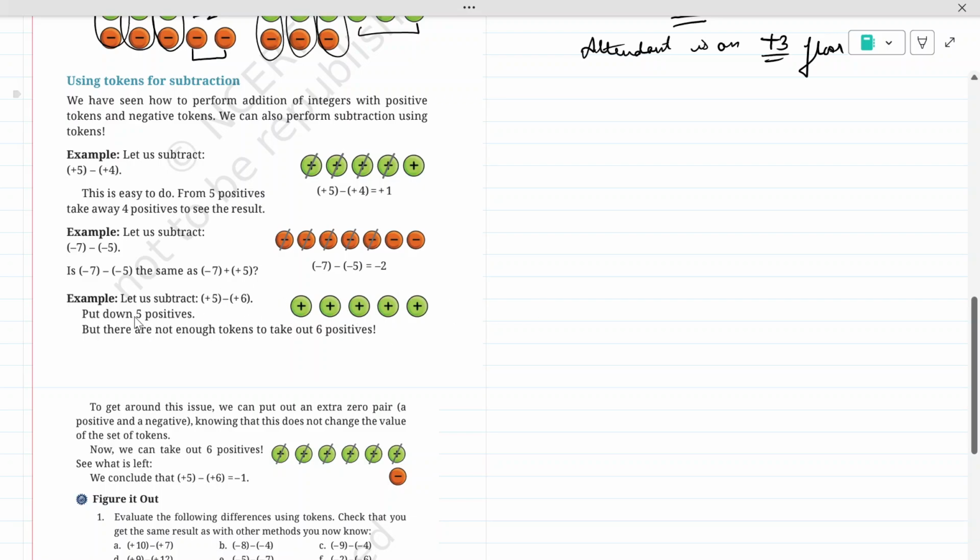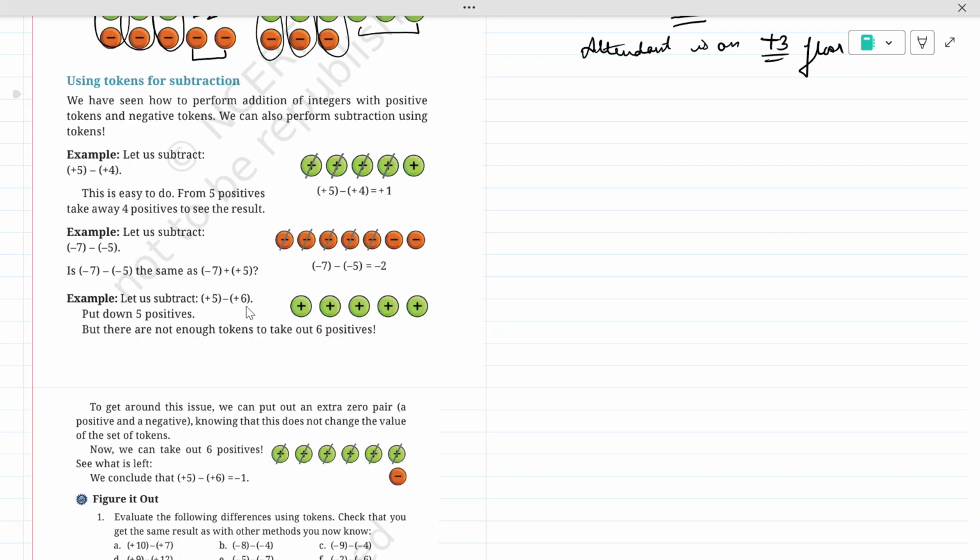Let's see what it says. Let us subtract plus 6 from plus 5. What we have here is 5 positive tokens, 1, 2, 3, 4, 5. From this, we have to subtract 6 positive. But we do not have 6 positive here.